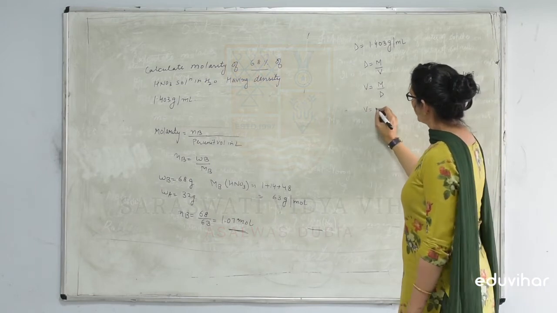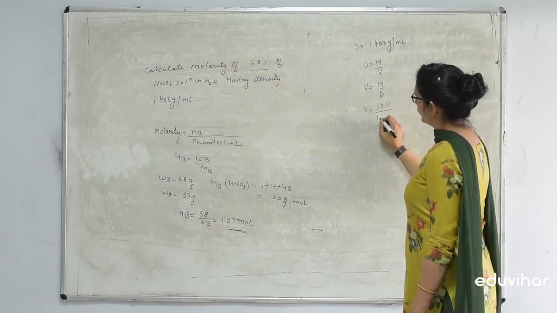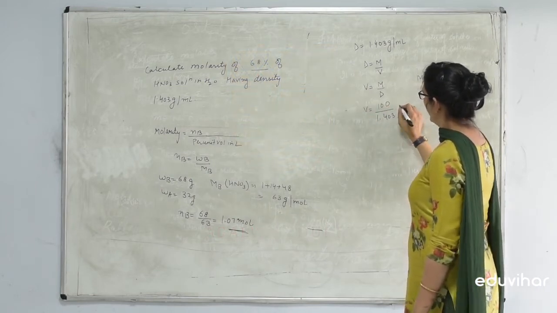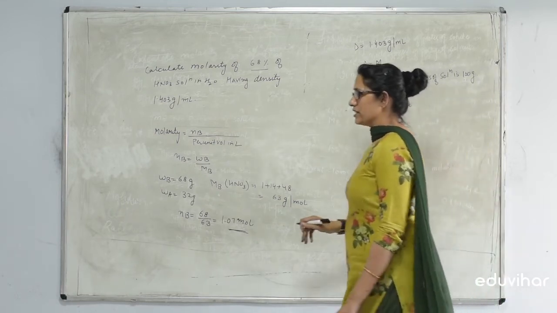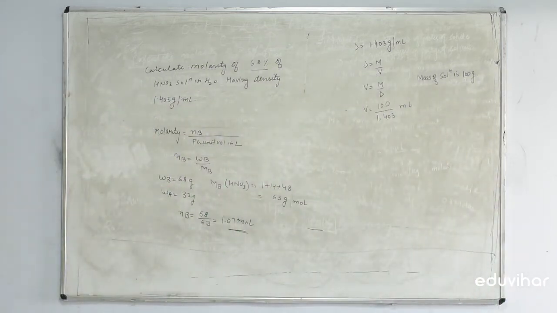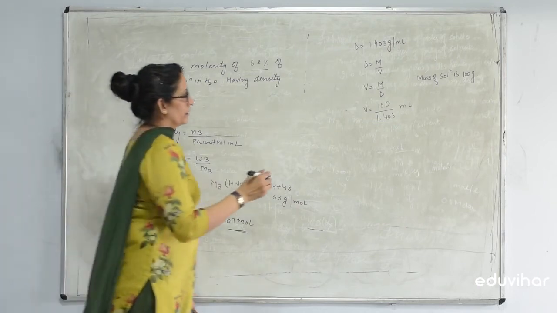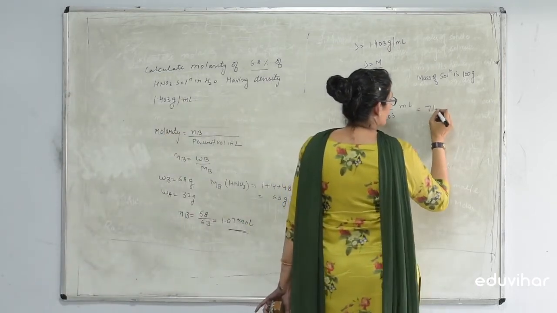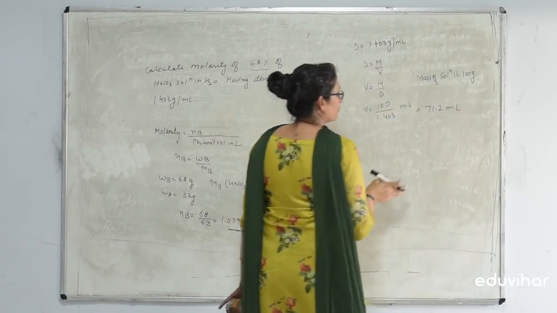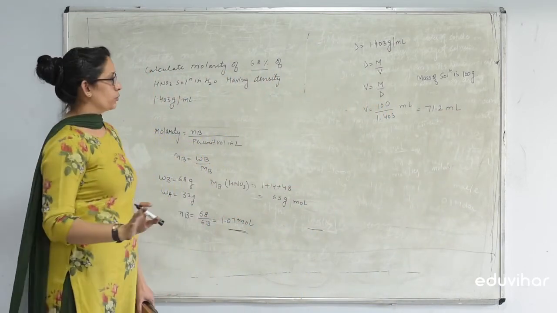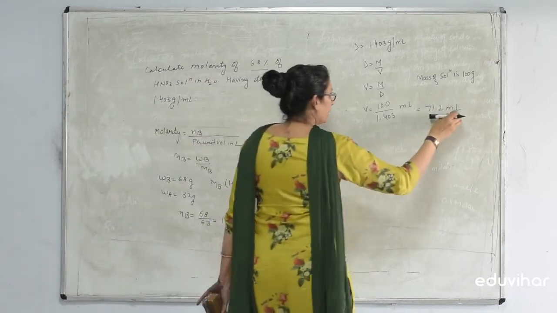Okay, the volume becomes 100 by 1.403 milliliter. Calculate how much amount comes. It becomes 71.2 ml. This is the volume in milliliter.